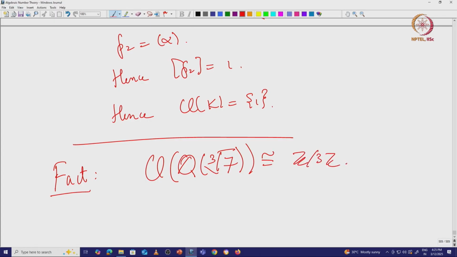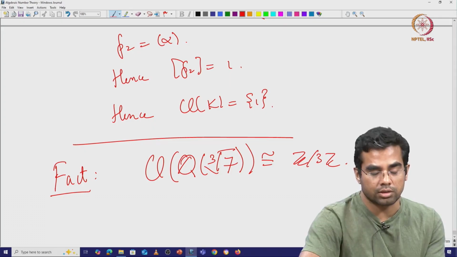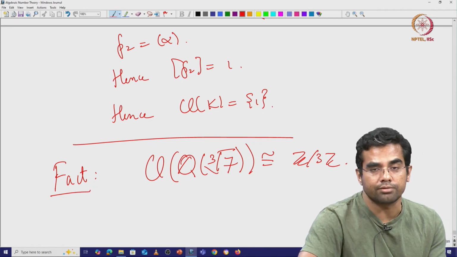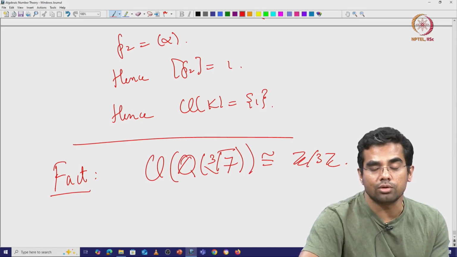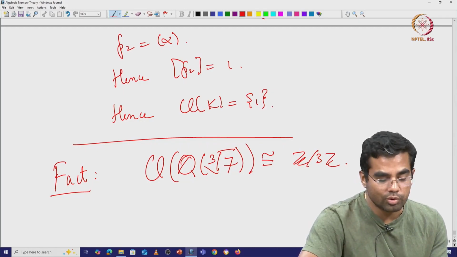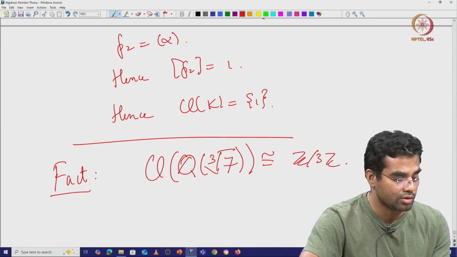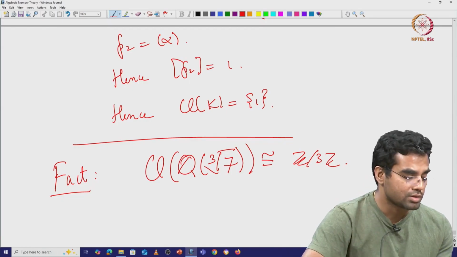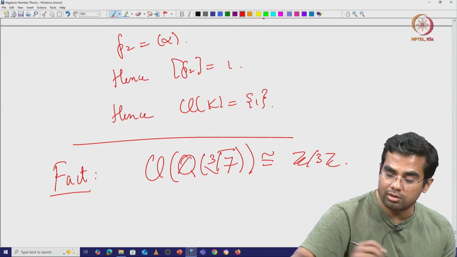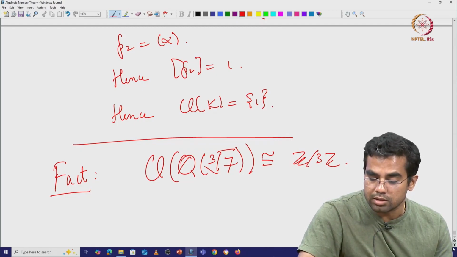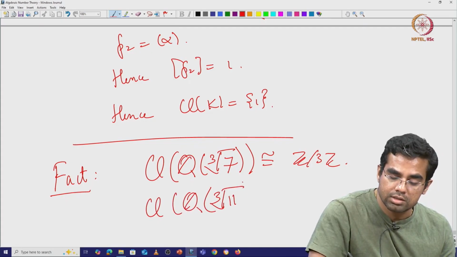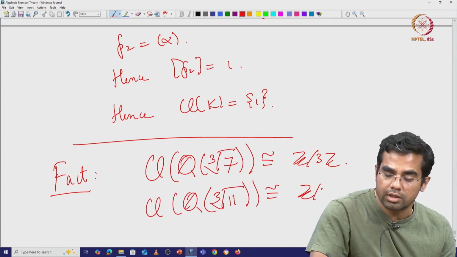If you look at the group of units in the ring of integers of such a number field, then it is again infinite, and to show that something is not principal when the group of units is infinite is highly non-trivial, as we saw in the case of real quadratic fields, right. And so, these computations turn out to be really long and tedious. So, the other example is, if you look at this, then again this is non-trivial, it is Z mod 2Z.